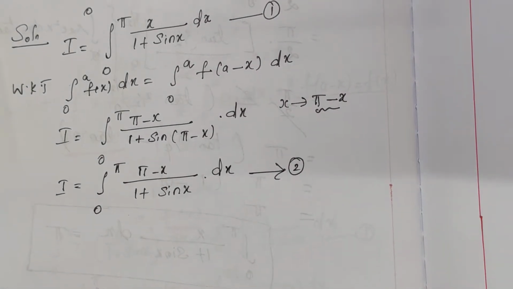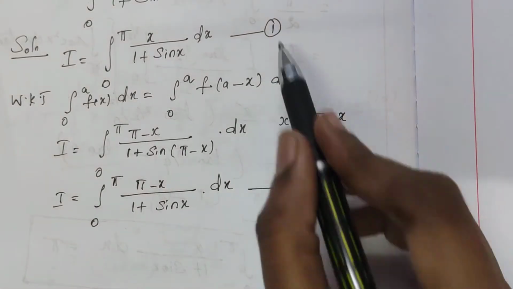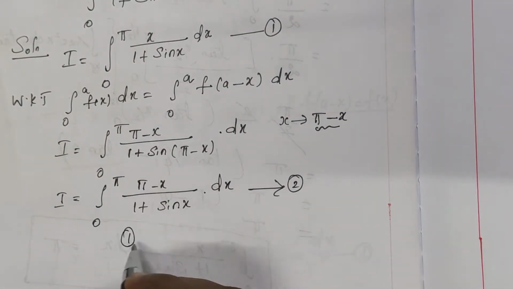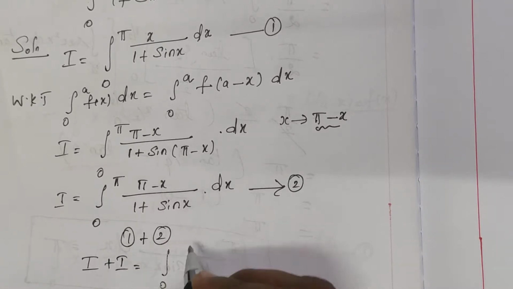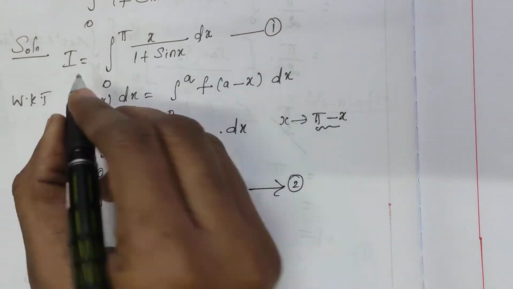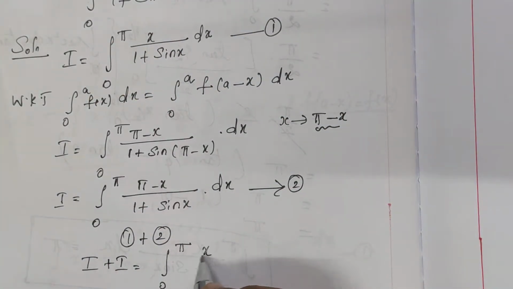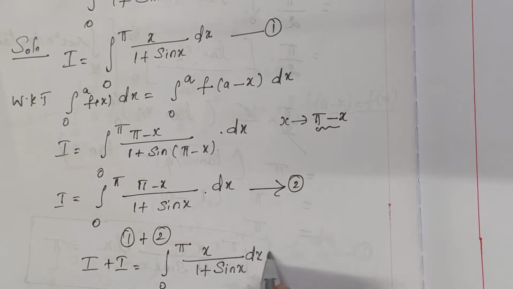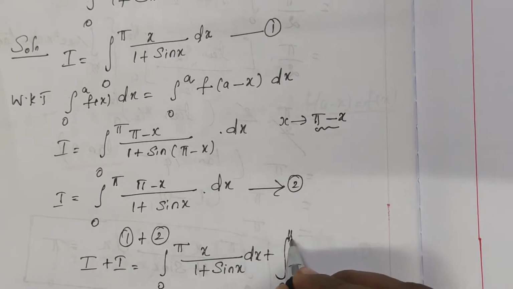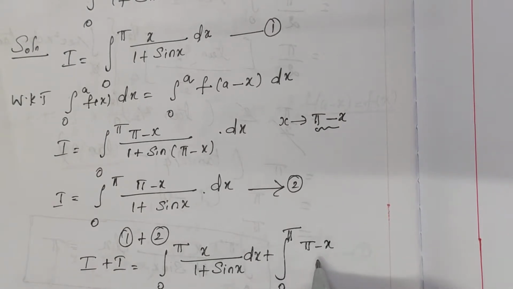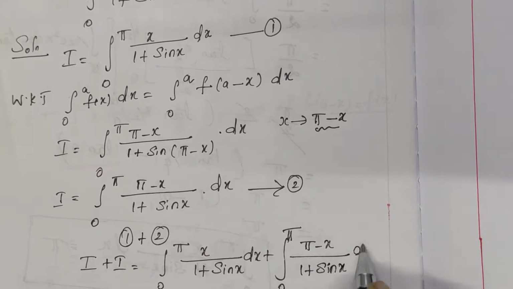Now adding 1 and 2, on the left side we get I plus I, equal to integral 0 to pi x by 1 plus sin x dx plus integral 0 to pi (pi minus x) by 1 plus sin x dx.